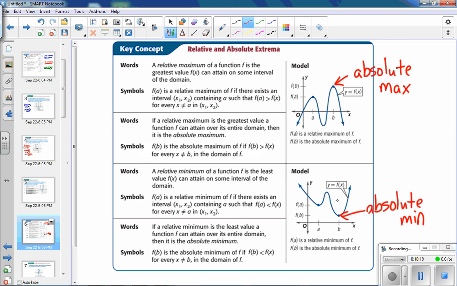So this is a relative max, but there is no absolute max for this function. Just like in this first function, even though this point right here would be a relative minimum value, there's no absolute minimum value because the arrows are pointing down and that function continues to decrease as x goes to infinity and as x goes to negative infinity.